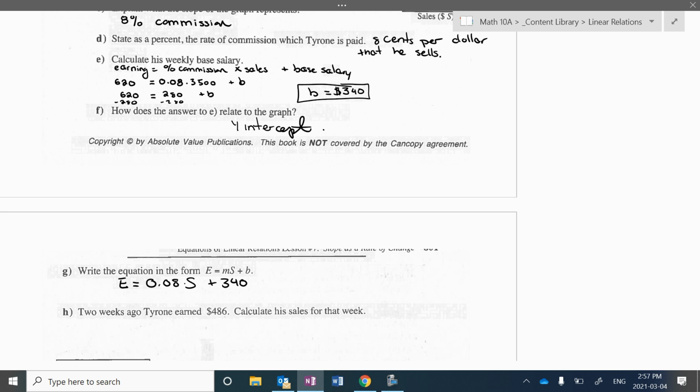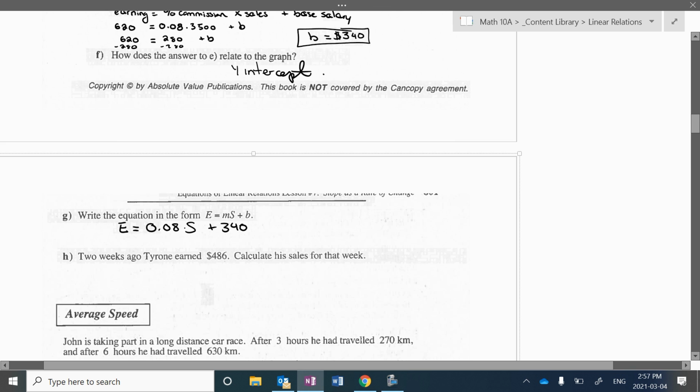Could we figure out his sales? Yes. I'll write it out, but I'm not going to go through it. I feel like you guys can handle this. It would be 846 as our final answer: 0.08 S plus 340, isolate and solve for S.